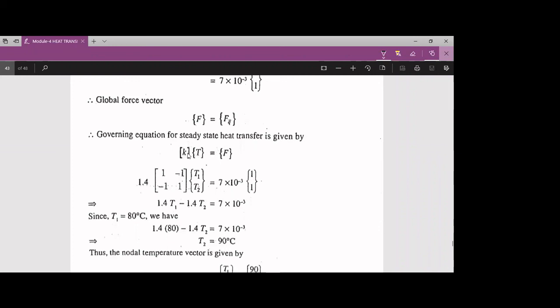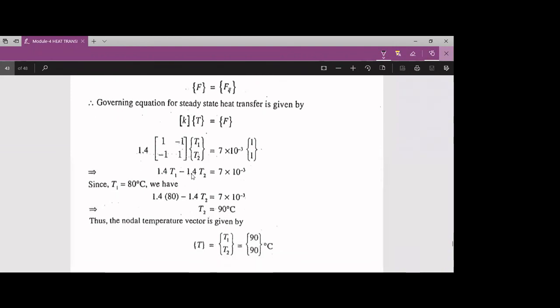For this one element we have K, T as T1 and T2, and F. Now at node number 1, the value is given, so we are going to eliminate only the row, but we cannot eliminate the column, because the column value, minus 1.4 into T1, must contribute in the calculation of T2.